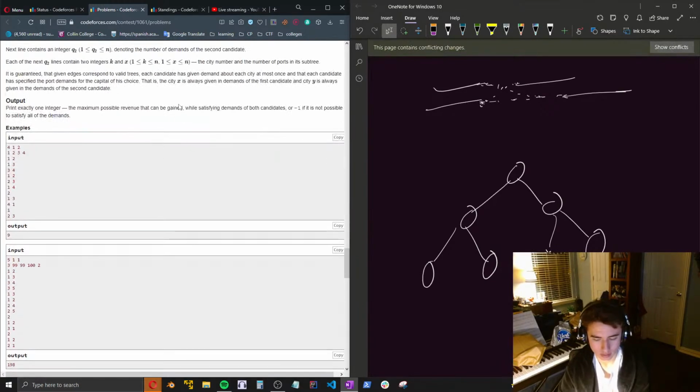So we have like... Right, so we have two nodes denoted as capital. Capital. Like this.